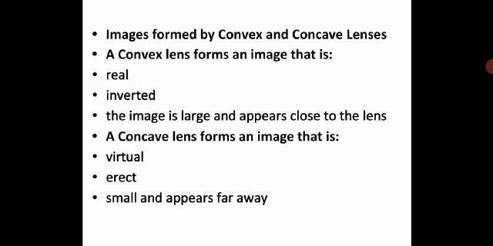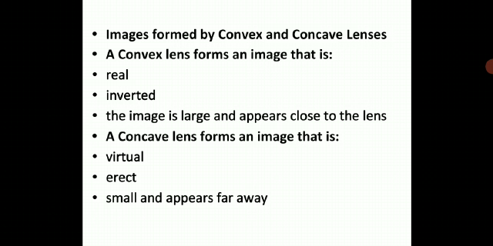Whereas a concave lens forms an image that is virtual, always erect, and small, and appears far away. So these are the properties of the images formed by a convex lens and a concave lens. In a real image, you see the merging of the light rays after refraction, whereas in a concave lens they appear to meet but are not actually meeting.